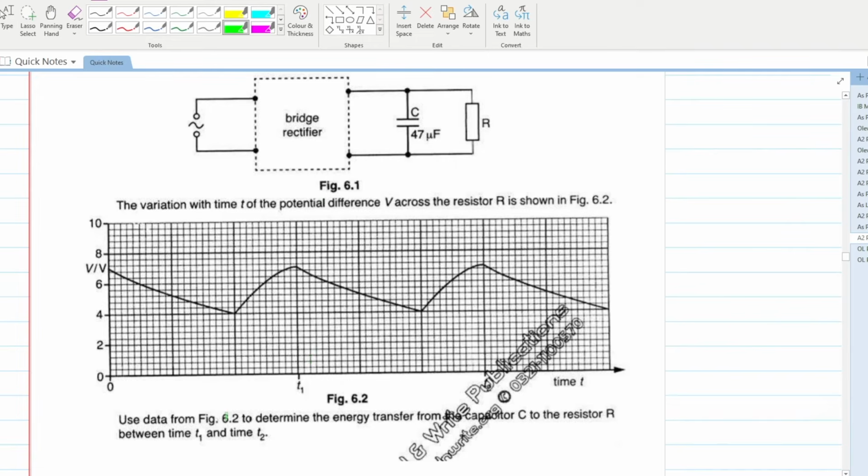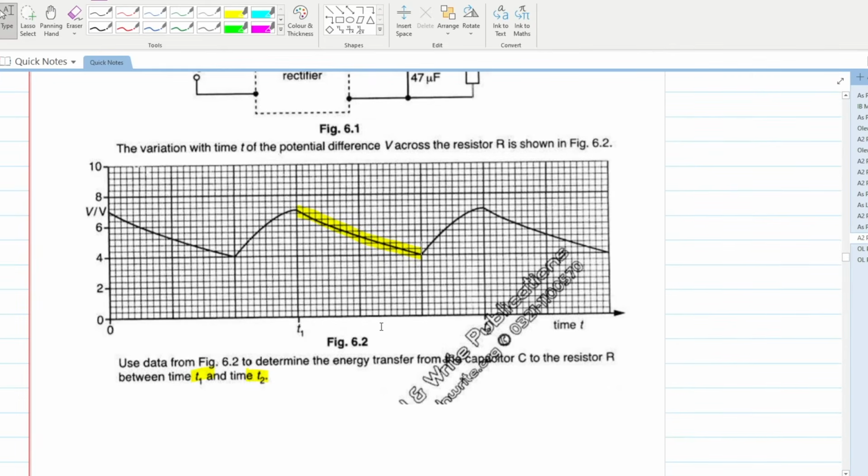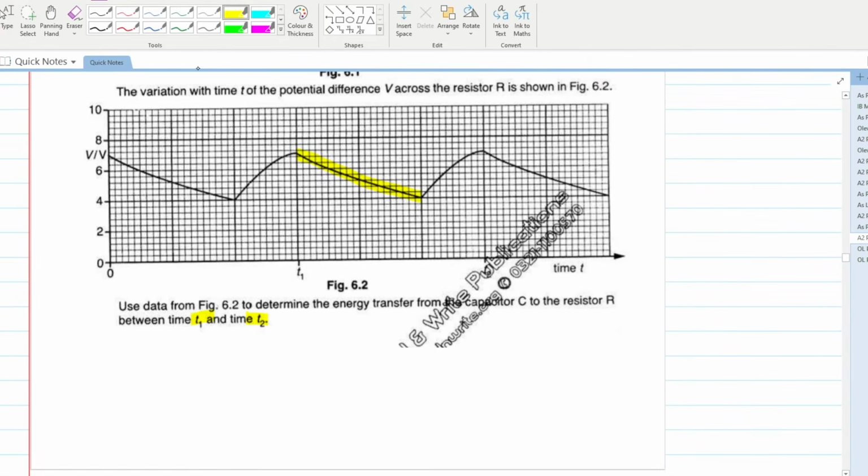Use data from figure 6.2 to determine the energy transfer from the capacitor to the resistor between time t1 and time t2. बेटा हमने टाइम t1 से लेकर t2 तक एनर्जी ट्रांसफर देखना है कितना हो रहा है फ्रॉम कैपेसिटर टू द रेजिस्टर. बेसिकली जब कैपेसिटर डिस्चार्ज हो रहा होता है तभी कैपेसिटर ट्रांसफर कर रहा होता है एनर्जी फ्रॉम इटसेल्फ टू द रेजिस्टर. तो हाउ विल वी कैलकुलेट दिस एनर्जी?